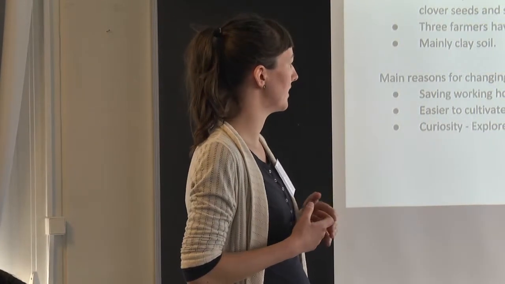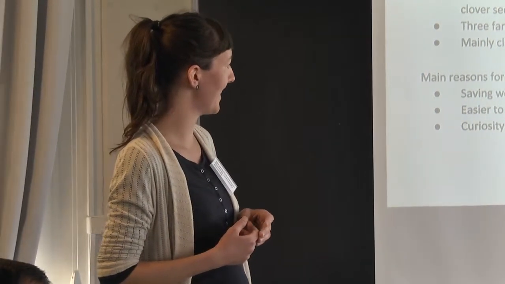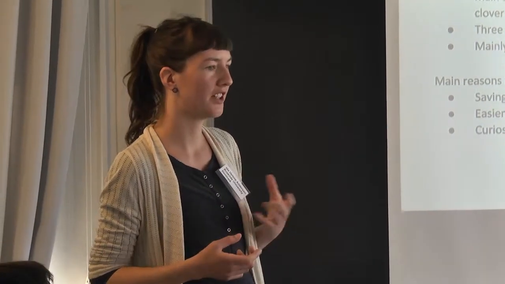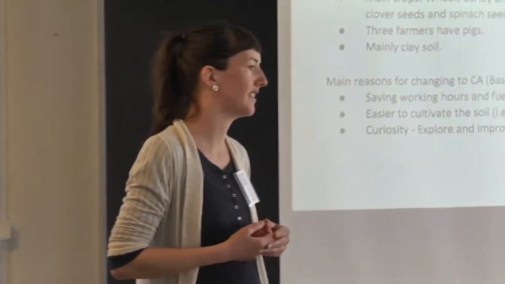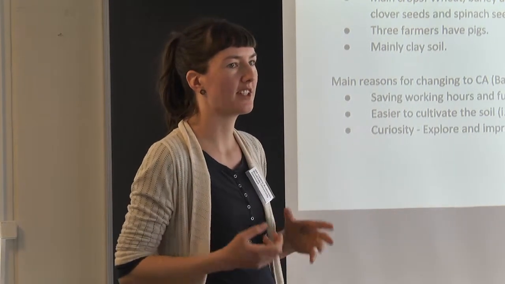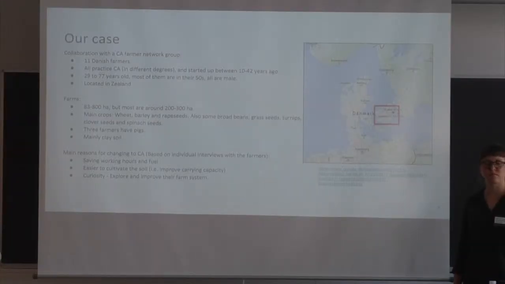They improve the carrying capacity of the soil, and they consider themselves more curious, the type of farmers who are interested in new ways of doing things. They consider themselves less conservative than other farmers.